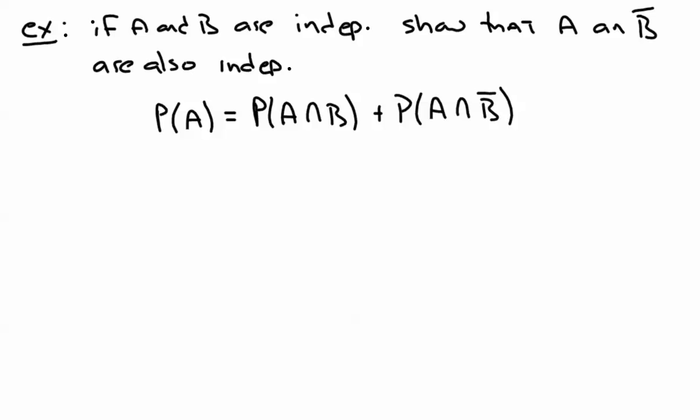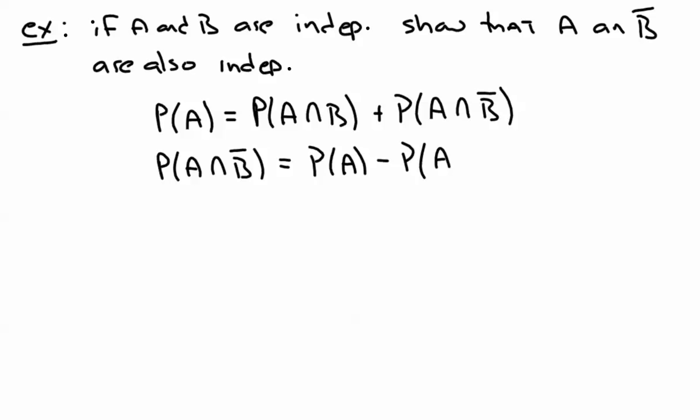All right, let's rearrange this just a bit. Probability of A intersect not B equals probability of A minus probability of A intersect B. That's just simply a rearrangement. Excuse me, that's not an equal sign. That's a minus sign.